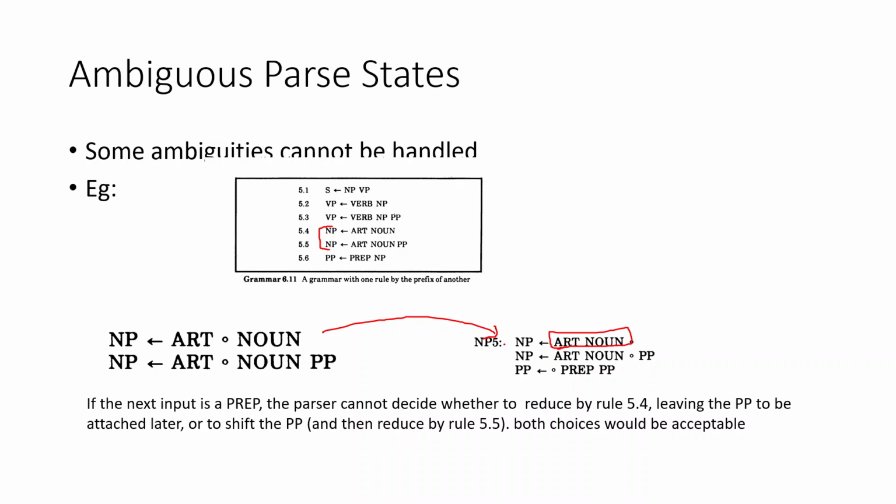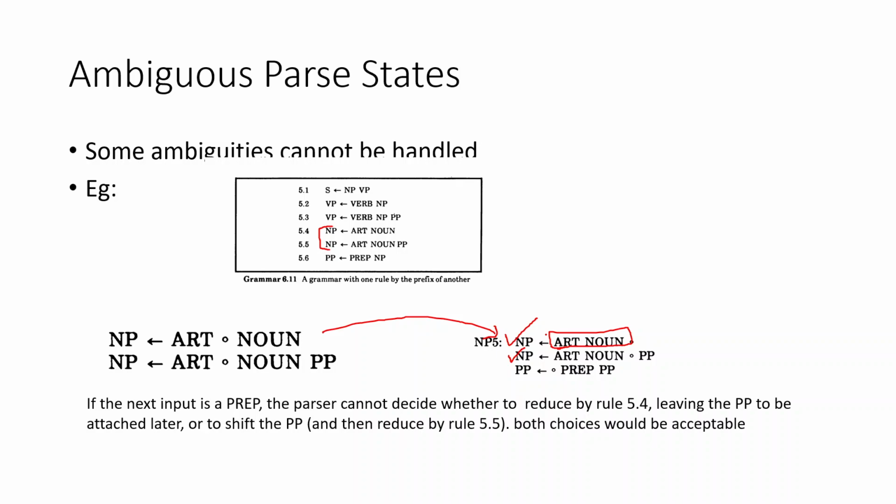That is, either it considers this production for a reduction, or it considers this production to move forward in the input. So here we have an ambiguity for the shift reduce parser, and it is not clear what it has to do. This sort of problem is a shift reduce conflict. That is, the parser is not able to know whether to shift or to reduce.